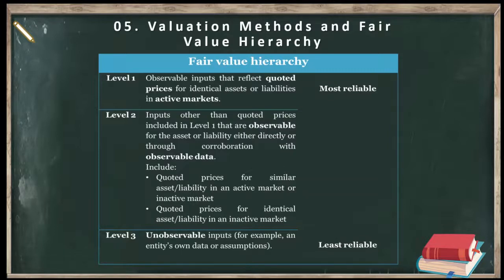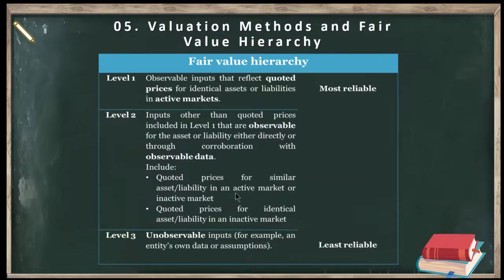Okay? So, remember that sa may kalahian niya aning level 1 nga input. So, sa level 1 input, quoted price for identical asset in active markets. Identical asset or liability niya active ang market. Nya tanaw ninyo ang level 2, similar assets sa active market or inactive market.